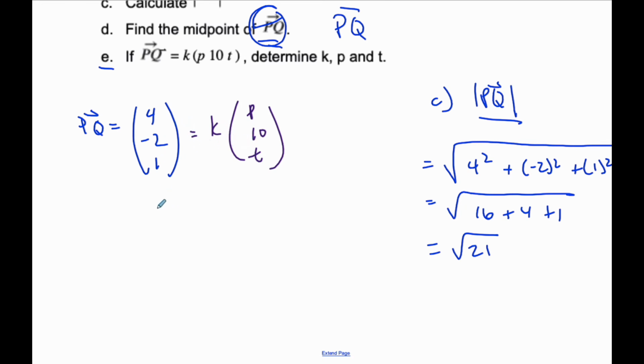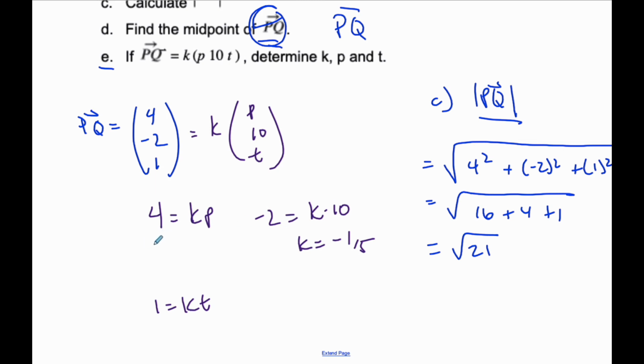And so I know that 4 has to equal KP, the x value, and that -2 is equal to K times 10, and that 1 is equal to KT for the z values. Well, clearly I can see that K is equal to -1/5 if I divide by 10.